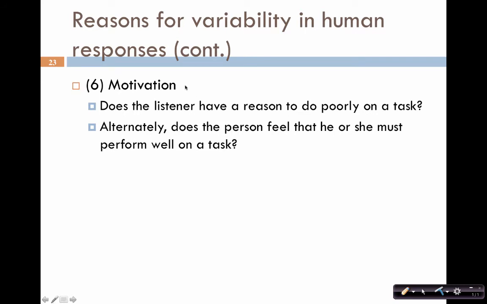Motivation. This has to do kind of with bias. In other words, does the person have a particular reason to want to do poorly on a hearing test? And you might think, why would somebody want to do poorly on a hearing test?